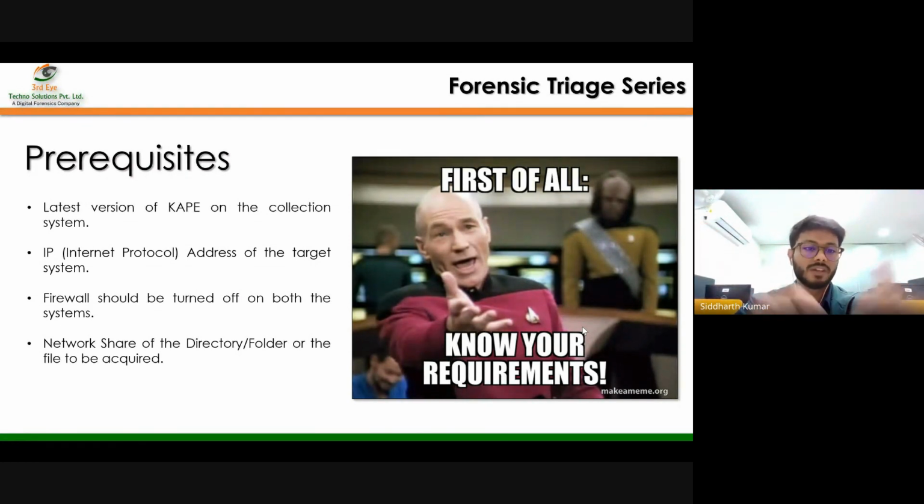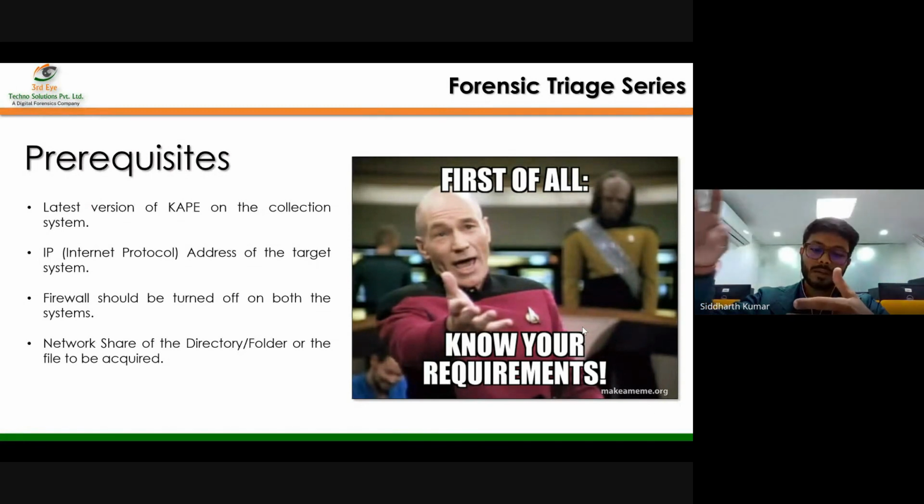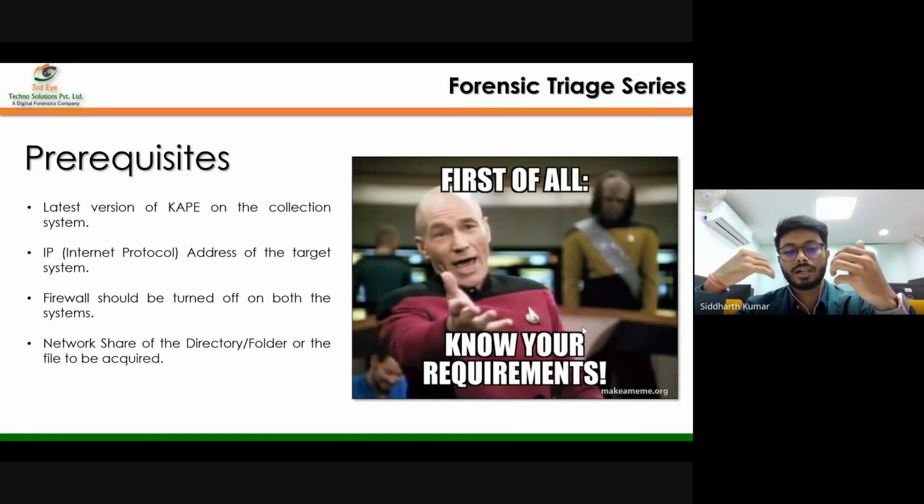First of all, as I stated before, the latest version of KAPE on the collection system is highly appreciated. You need to know the IP address of the target system you're acquiring. If that target system is on some other LAN, make sure that you both are on the same connection itself, right?